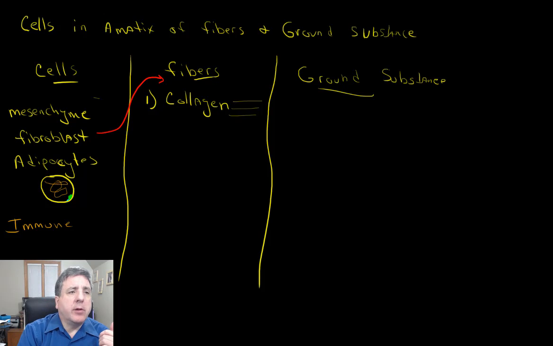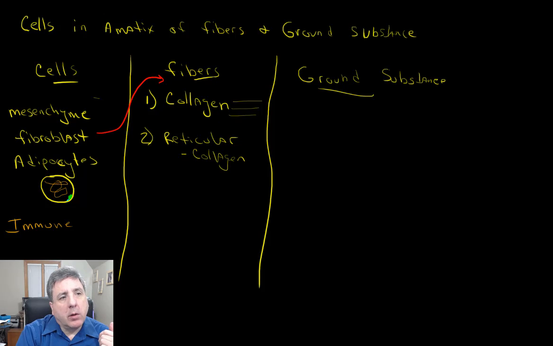The second type of fiber is going to be reticular. Now, reticular fibers, if you recall, are made of collagen. Okay, so it's made of the same stuff that makes this. A little slight differences, but it's made of the same stuff, except it's thinner. So it's still tough.